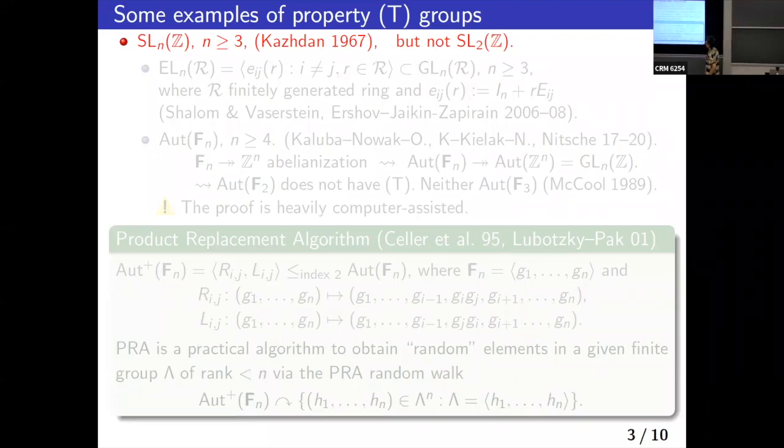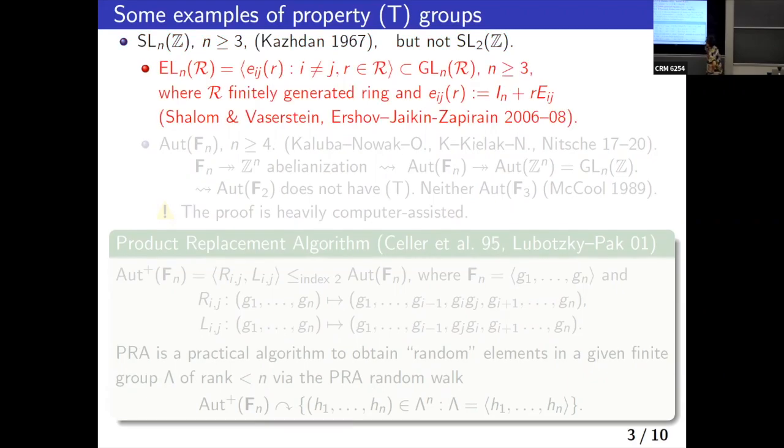So the typical examples are SLnZ, but not SL2. And this is generalized to ELn(R). ELn(R) is the elementary matrix group generated by ones on the diagonal and R in the ij position.